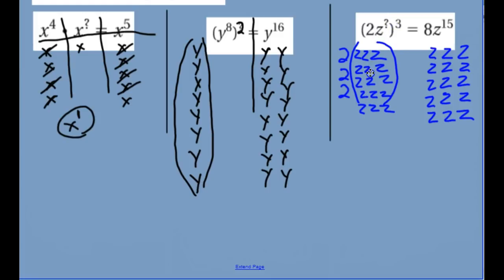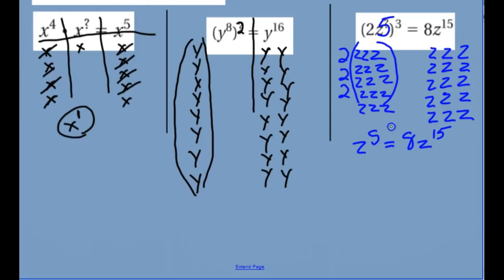We know here in the middle that this, instead of a question mark, will be 5. So we have z to the 5th power equals 8z to the 15th.